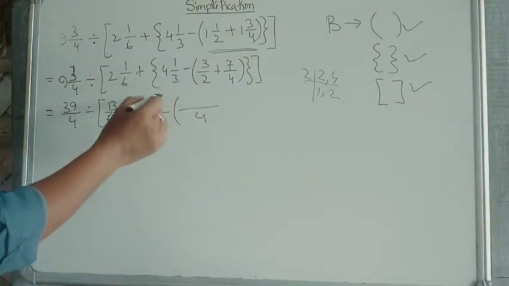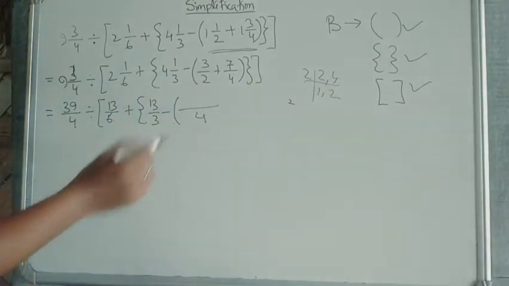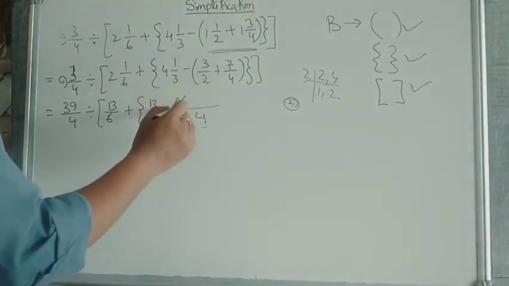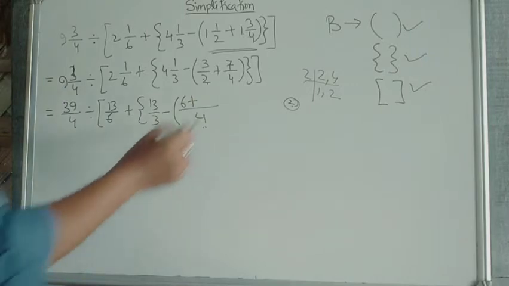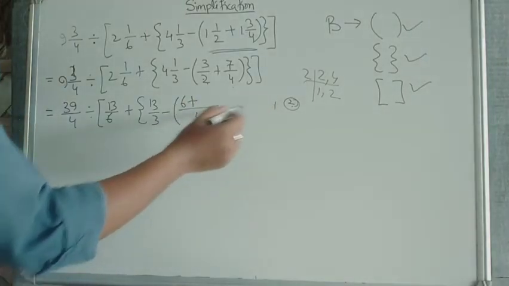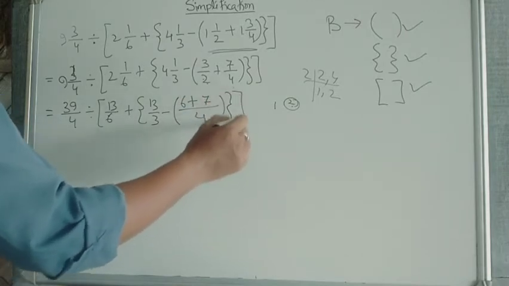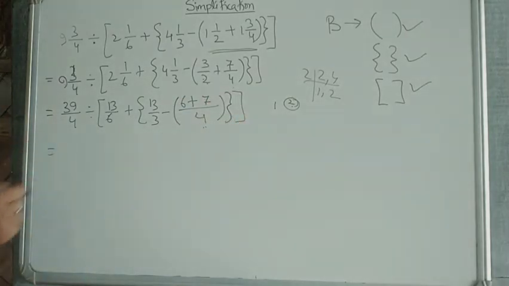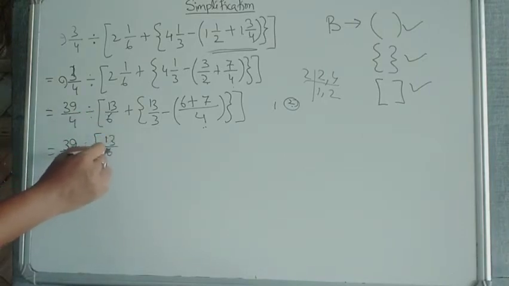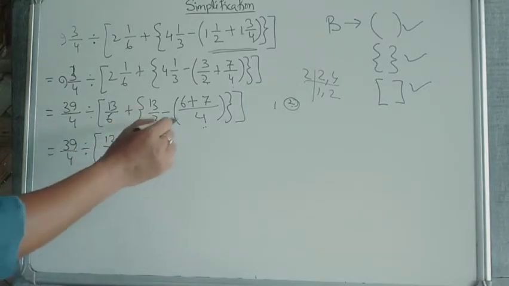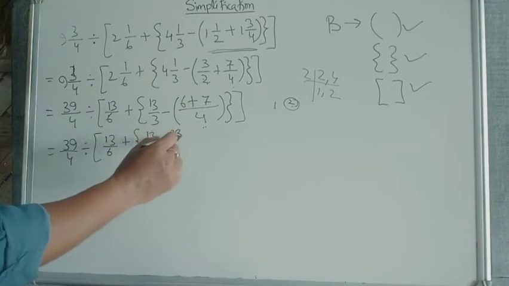Now 2 2 ja 4. 2, and this 2 will multiply with this 3 becomes 6. 4 1 ja 4. 1 into 7 becomes 7. So 7 plus 6, 13 by 4.